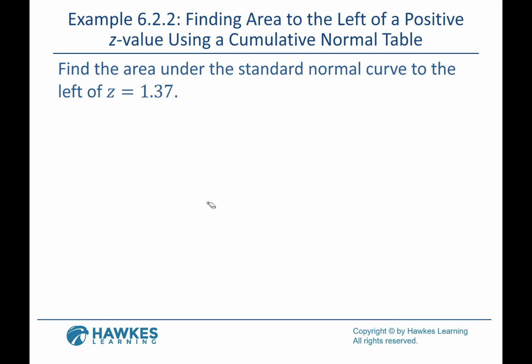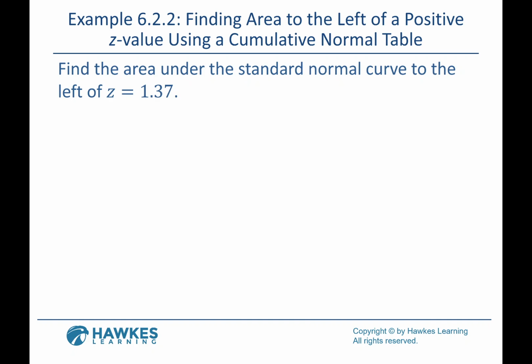So, to answer this question, it says find the area under the standard normal curve to the left of z equals 1.37. Our tables give us area to the left, so all we have to do is look up a z-value of 1.37. Okay. So these tables are a little weird to get used to. If you look down the left-hand column, it gives you the first two digits of the z-value.